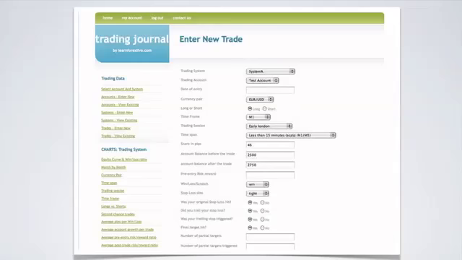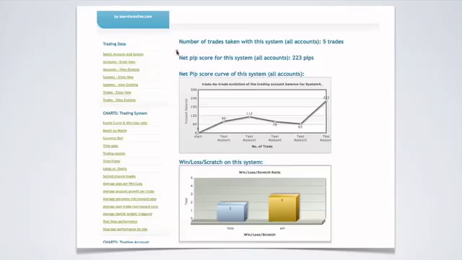software where you insert and document absolutely every single variable of your trades. And once you've inserted enough trades into the database, the software will calculate any type of ratios and statistics you can possibly think of.